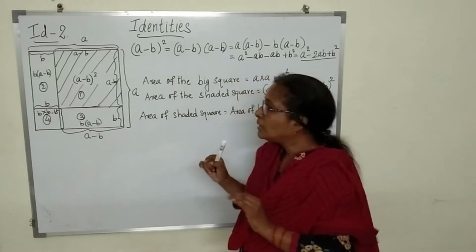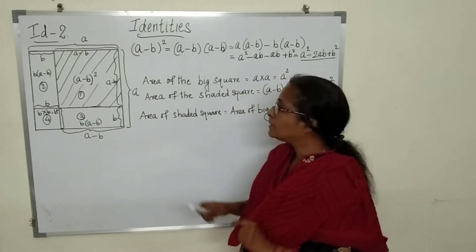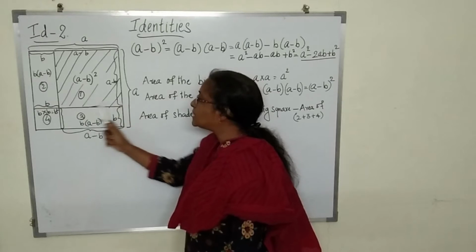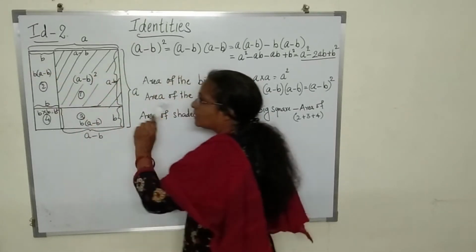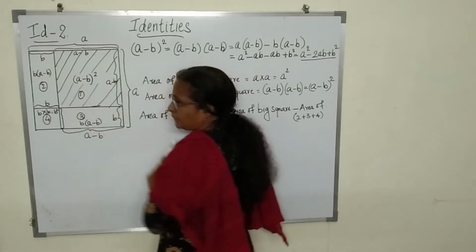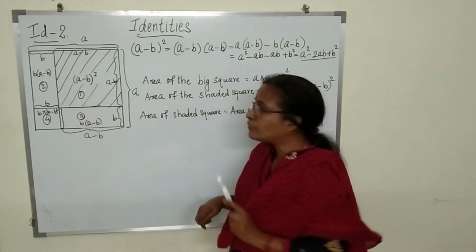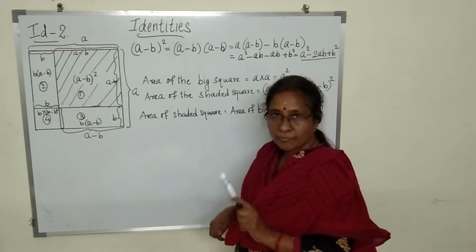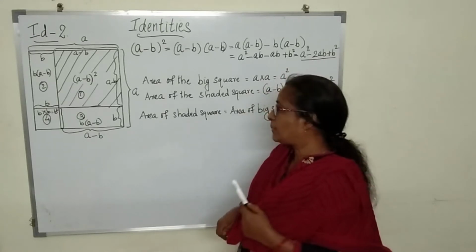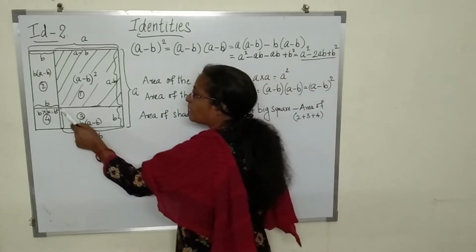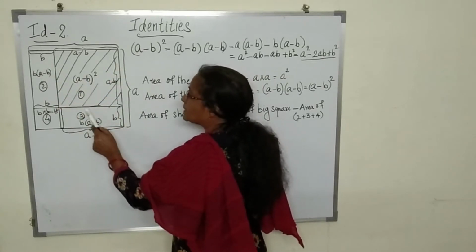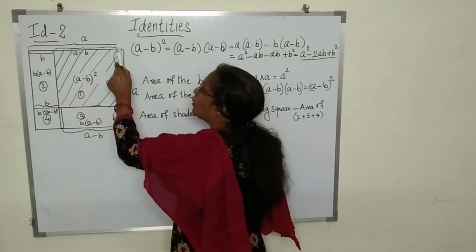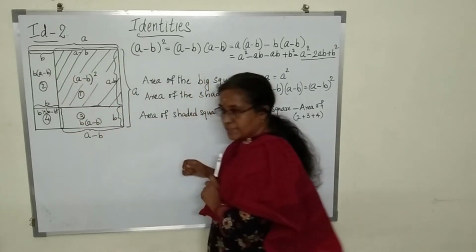Now we have to find the side of this particular square. The total length is A and we have removed B from that. So what will be the length of the small square? It will be A minus B. Because we reduce from both the sides, this particular square will have side A minus B on all the four sides.